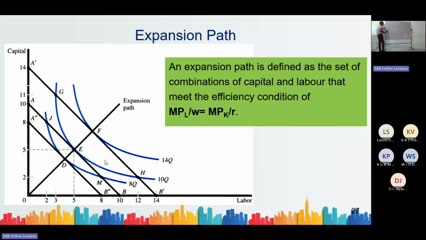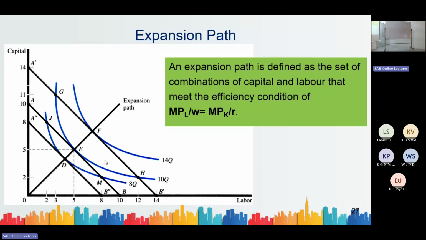If MPL over W is greater than MPK over R, what happens? Is it an equilibrium? No. Why is it not an equilibrium? Because producing with labor is more beneficial here. One additional rupee on labor produces more extra output than capital.